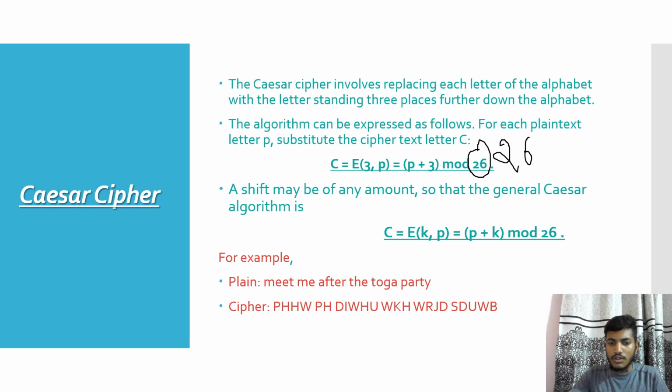A shift may be of any amount, so the general Caesar algorithm is as follows. There need not be only 3; it can be 2, 4, 6. The encryption coder will choose the key value k, so it may be 2, 3, or 5, anything. The general algorithm is C equals E(k, P) equals (P plus k) mod 26.